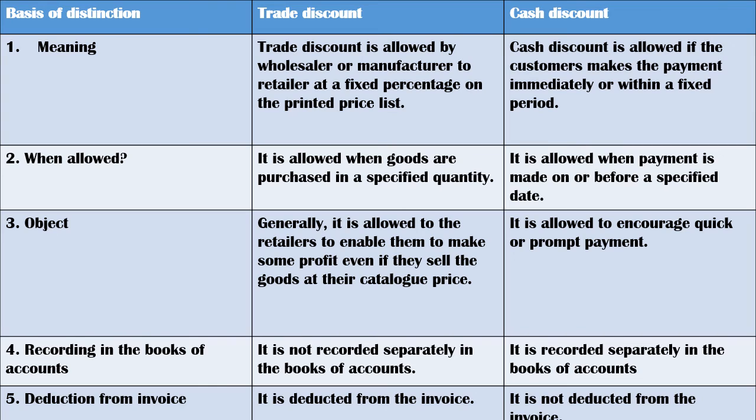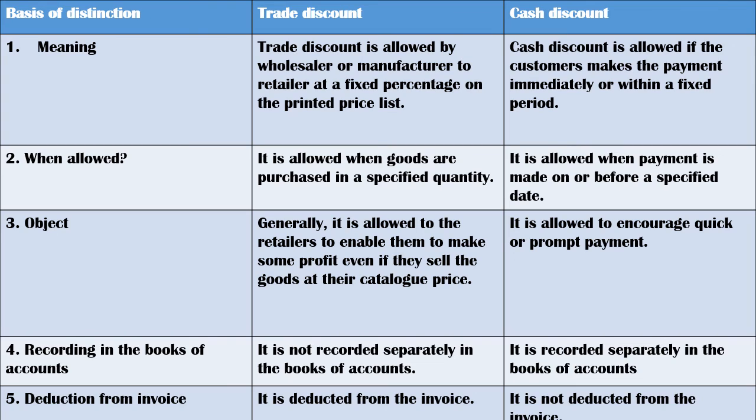When it is allowed, trade discount is allowed on the purchase of a specified quantity, 200 units, 500 units. If you are purchasing less than 200 units, or less than 500 units, you will not get that facility. Cash discount is allowed when the payment is made on or before the given or specified date.